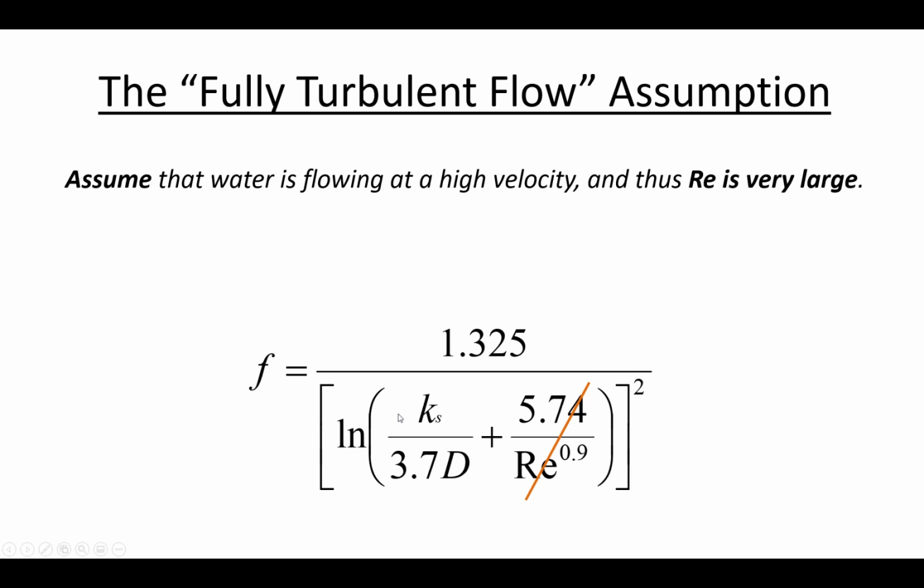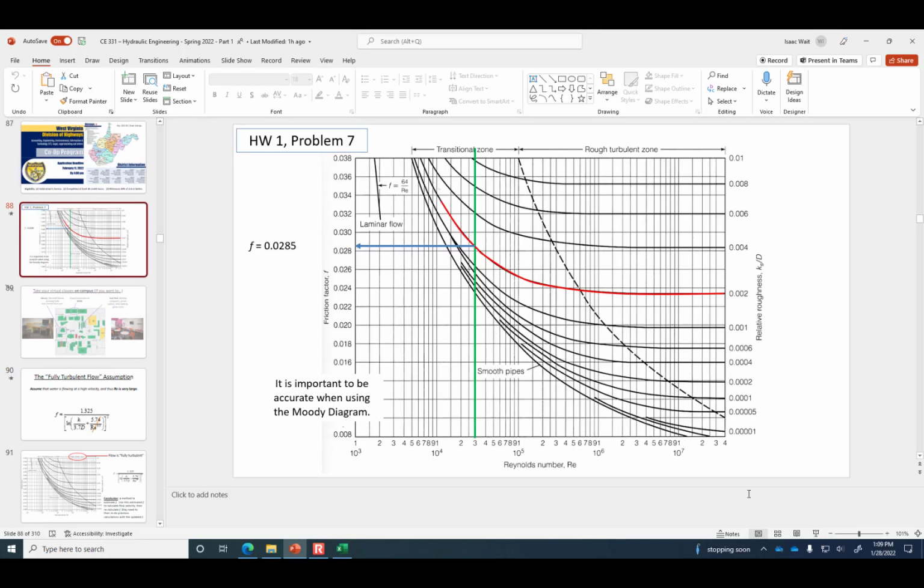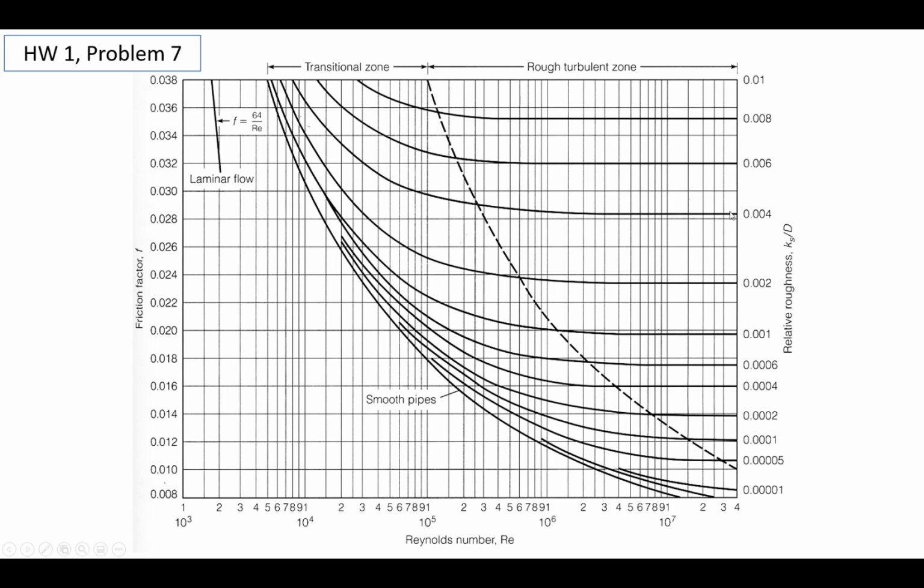So if you look back over to the Moody diagram, there's a portion of the curve where the f value is only determined by the relative roughness, where you'd have the same f value if it's 10 to the 6th. If you have 10 to the 7th, the f value is the same. 4 times 10 to the 7th, the f value is the same.